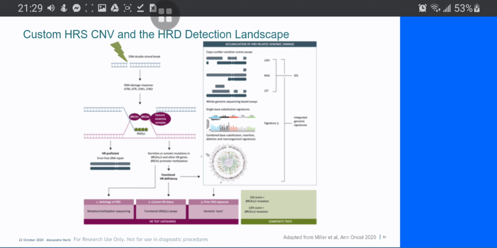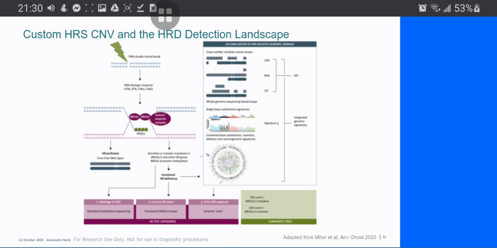These tools will inform you if HRD was present or not, but it's more like a phenotypic test than a genomic test, I would say, because you just identify that HRD was here, but you don't know if it's still here.